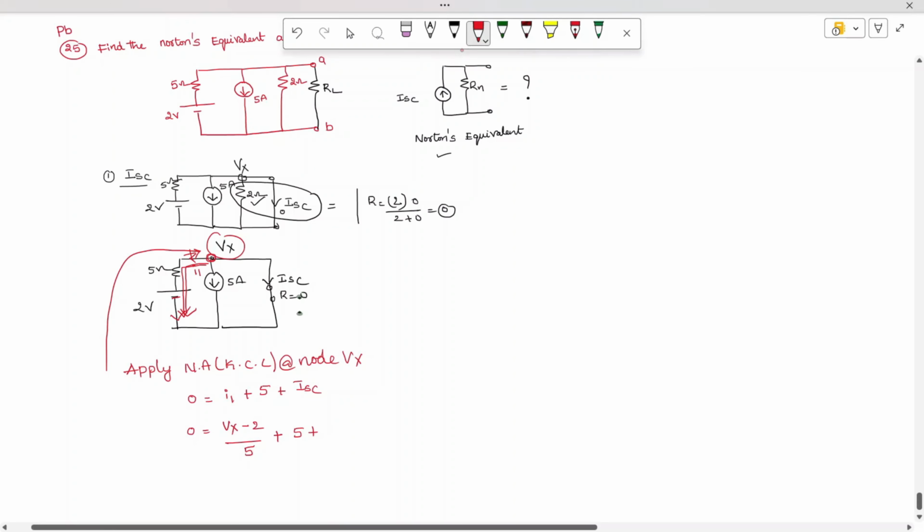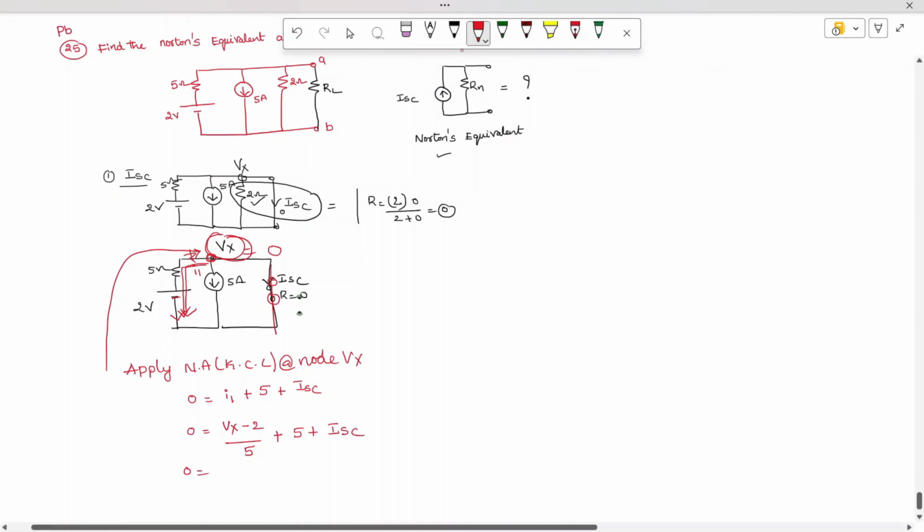So how to write this ISC? We can directly write down the value of ISC, because directly we need to find the ISC value. When you see here, this is shorted. Whenever this is shorted, this will act as 0. So whenever you short it, what is the voltage now? 0.